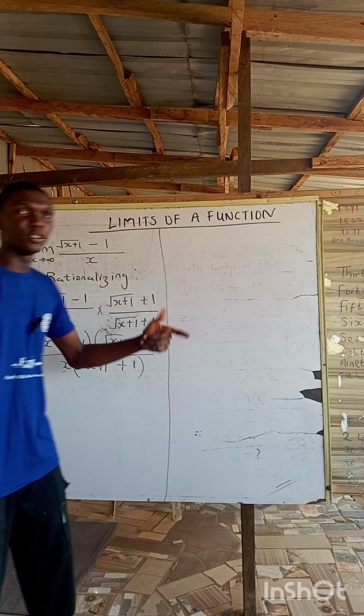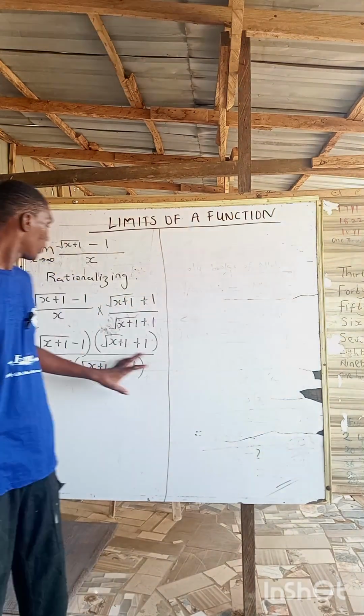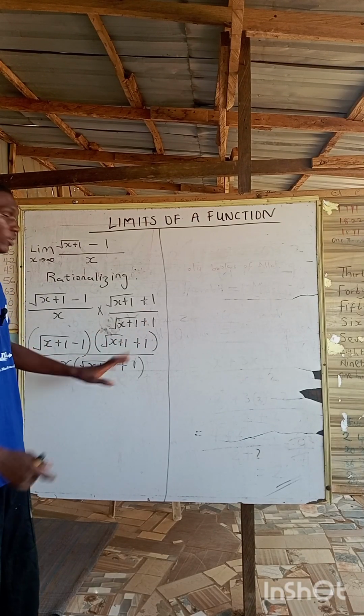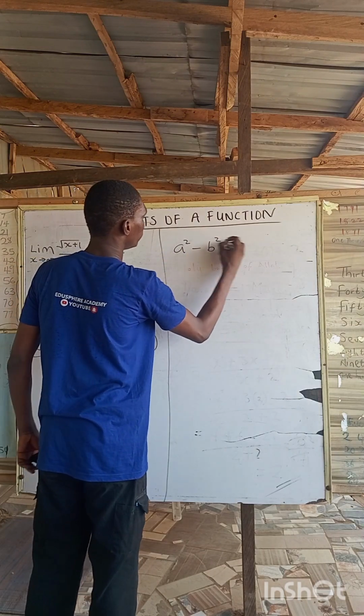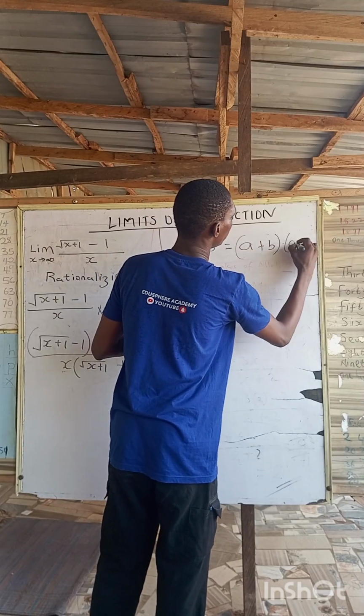Now look at this numerator. We can also use the difference of two squares here, because a squared minus b squared equals a plus b times a minus b.